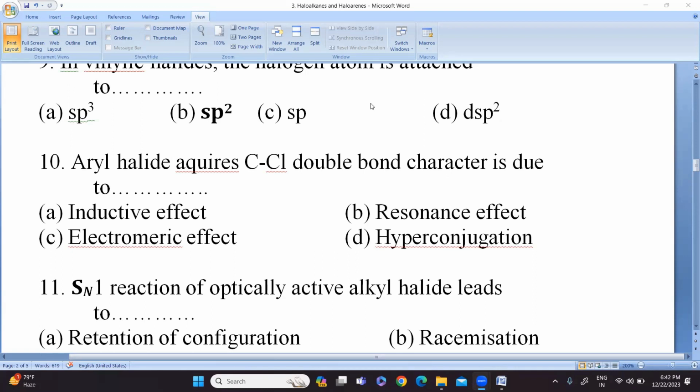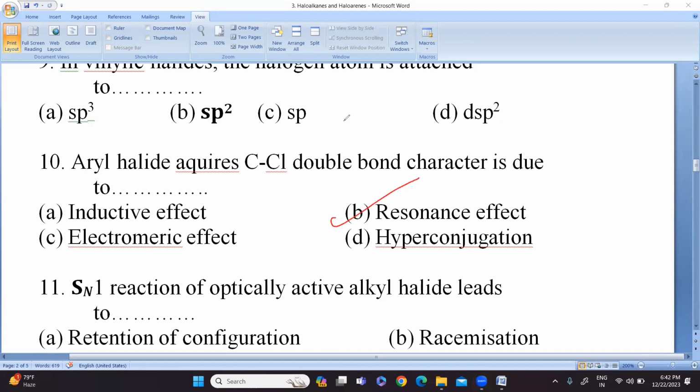The partial double bond character is due to resonance effect. Fine, so this you have studied. Vedvati, all have answered it right. It is due to resonance effect.